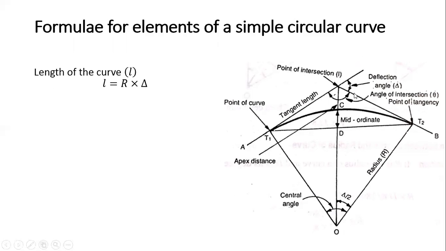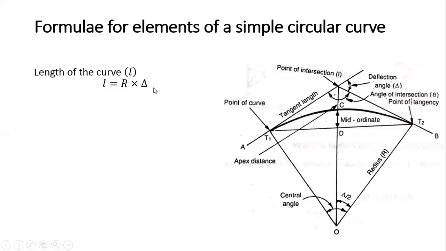Why is it delta? The deflection angle here is my delta. The deflection angle is the same as the angle subtended at the center, so this total angle is again delta. So the arc length, that is the length of curve, L, is equal to radius times the central angle, R times delta.